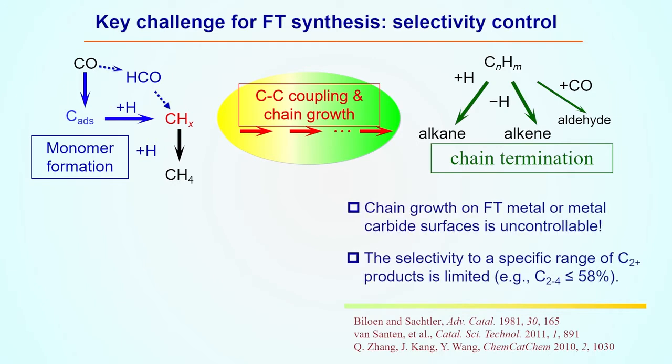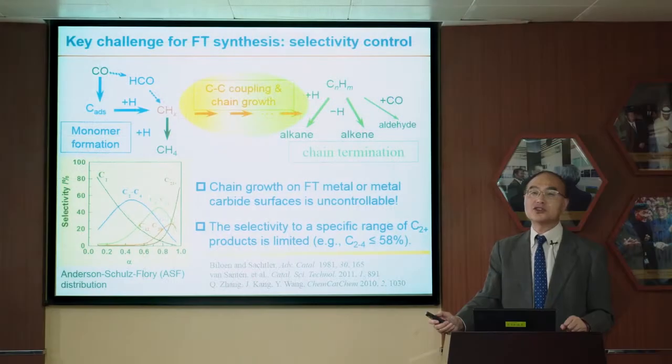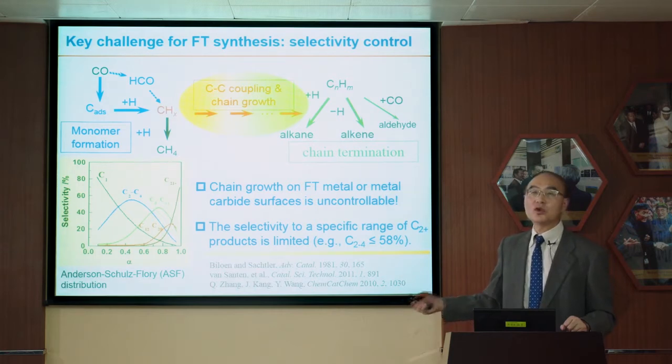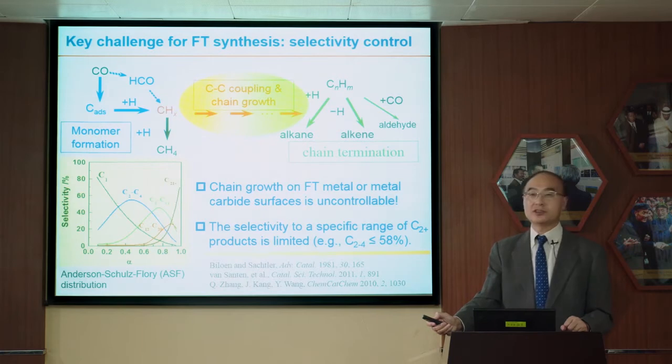Unfortunately, the chain growth on FT metal or metal carbide surfaces is uncontrollable. So the product selectivity generally follows the Anderson-Schulz-Flory distribution. The selectivity toward a specific range of C2+ hydrocarbons is limited. For example, the maximum selectivity to C2 to C4, including both olefins and paraffins, is 58%.